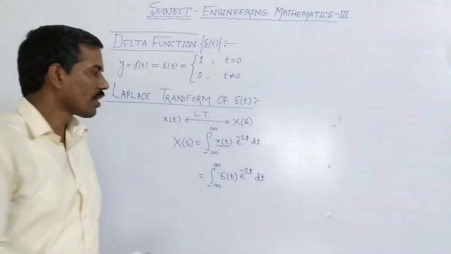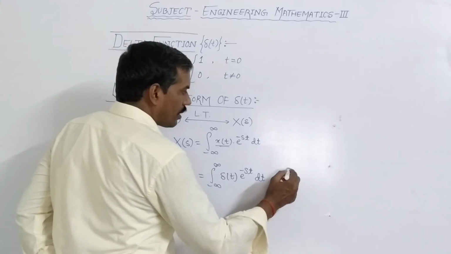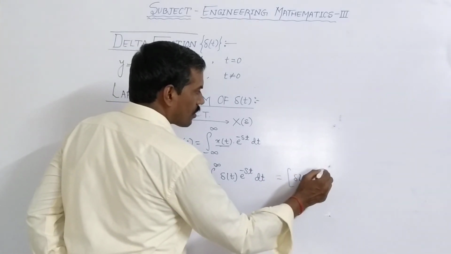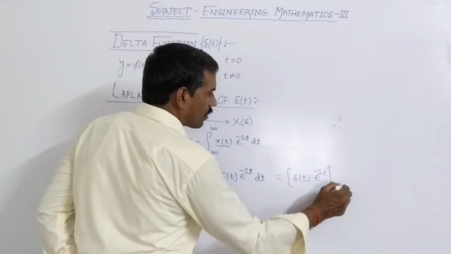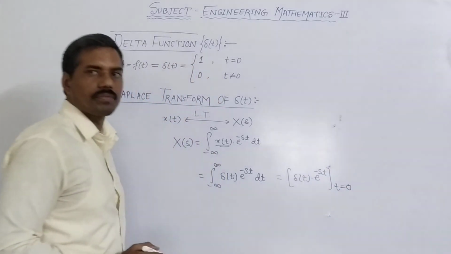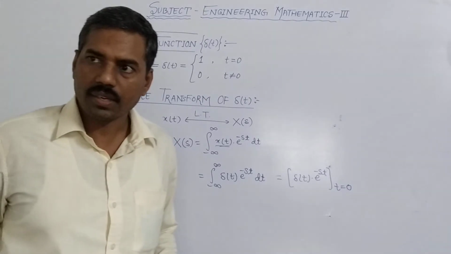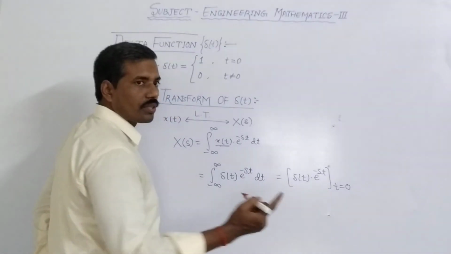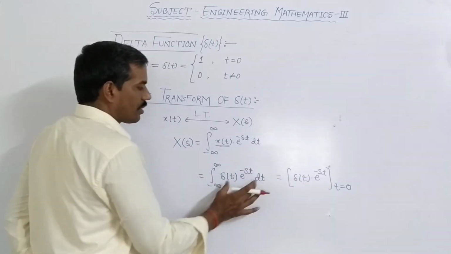Okay, for this we have to find only delta t into e to the power minus st at t is equal to 0. Okay, understand, students? Any problem? Means we have to put t is equal to 0 in this function.